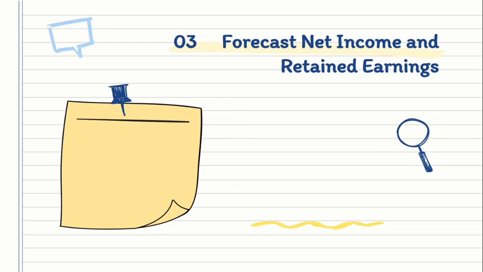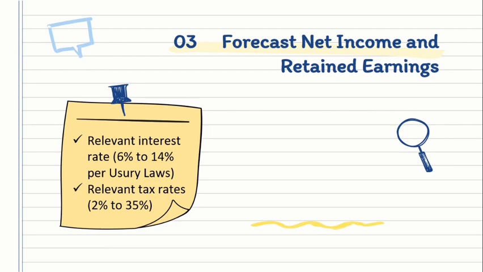So, next is forecast net income and retained earnings. So, in forecasting net income, dapat we should take into consideration ang relevant interest rates and relevant tax rates. So, Philippine usury laws, ang atong interest rates, kung ano siya, 6% to 14%.